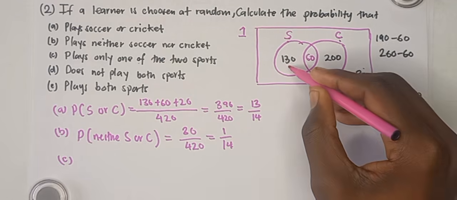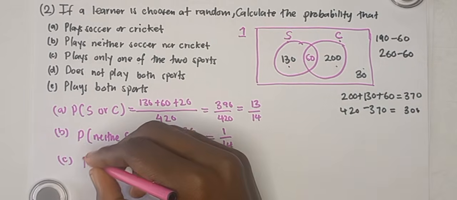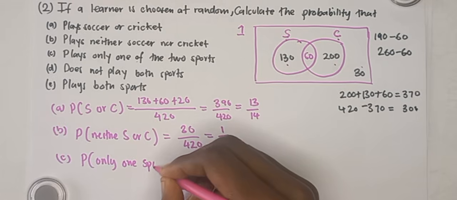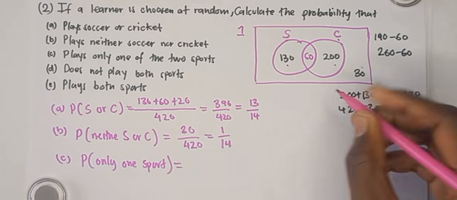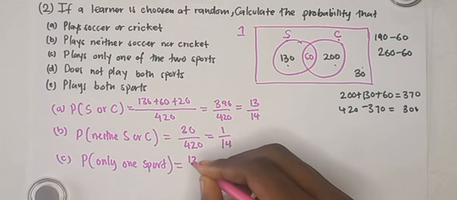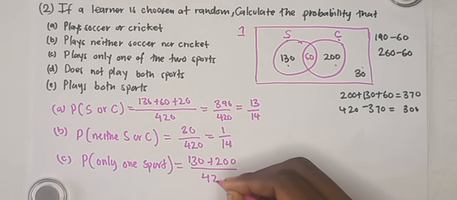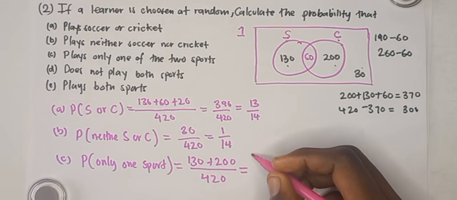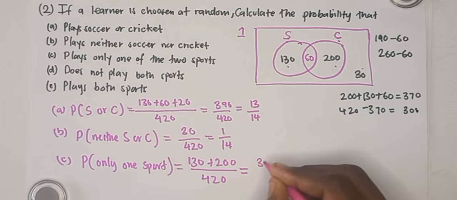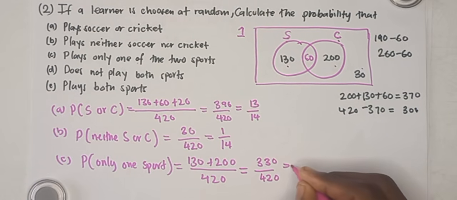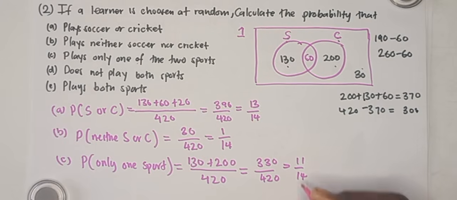So we're going to add this 130 and this 200 and divide by the total, which is 420. If you work this out, you're going to get 330 divided by 420, which gives you 11 over 14.